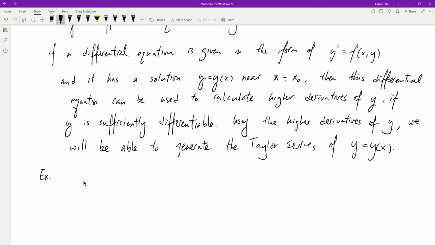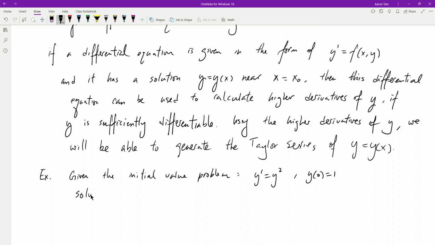So let's say we're given the initial value problem: y prime equal to y squared and y of 0 equal to 1.